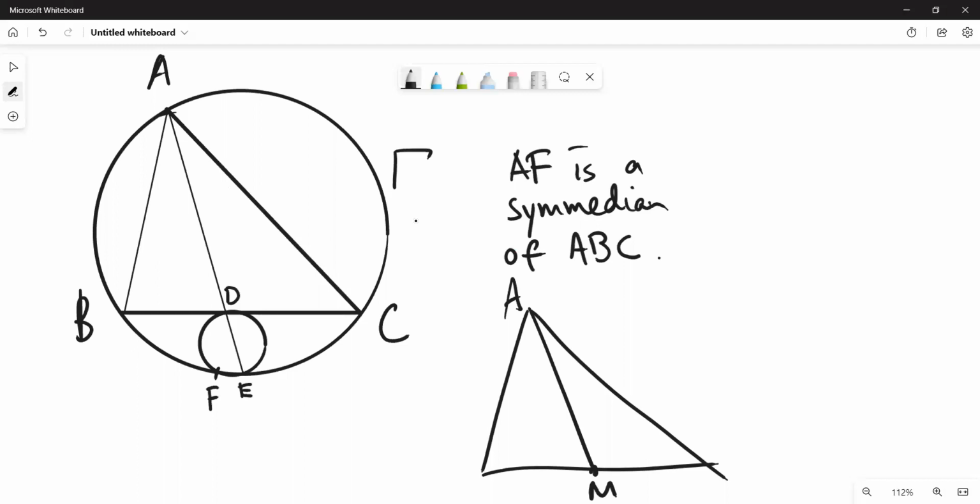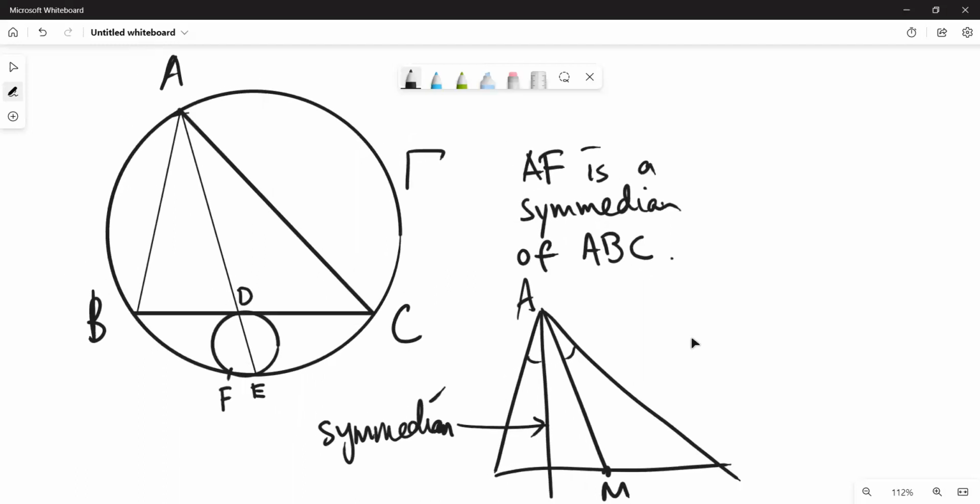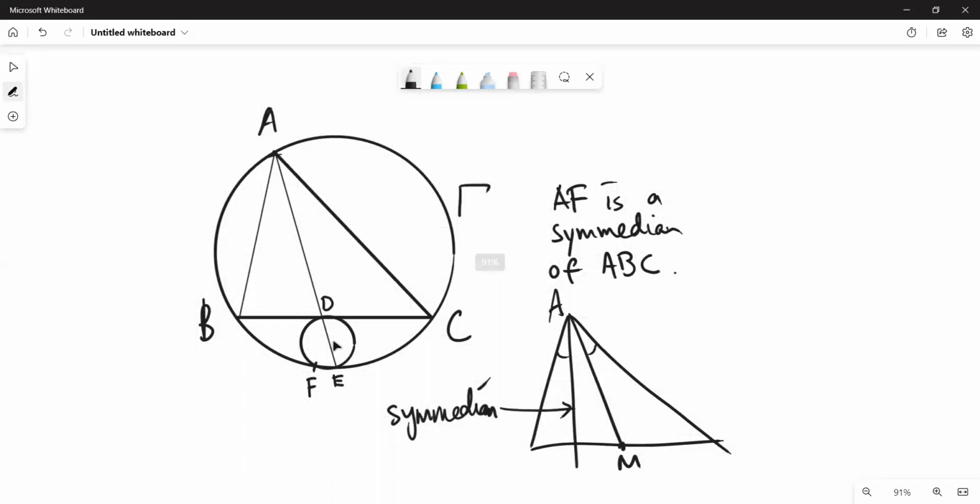If you reflect it across the angle bisector, that means you take the isogonal line, that's a technical term, then this line is called a symmedian. Is the line symmetric to the median? So I want to prove that AF is the A symmedian in this case, which is the symmedian connecting A.